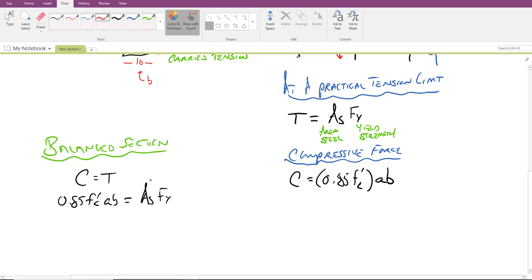And here's the cool part. If I solved for the area of the steel, this is the value that I want to solve to find out how much steel I need.